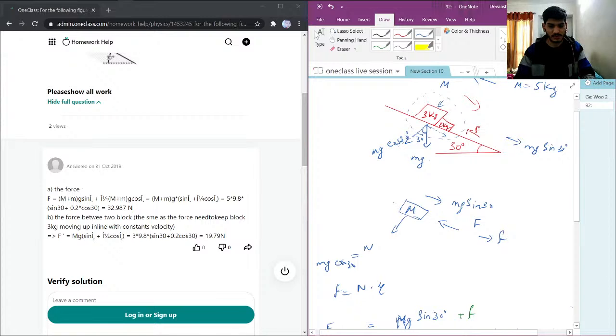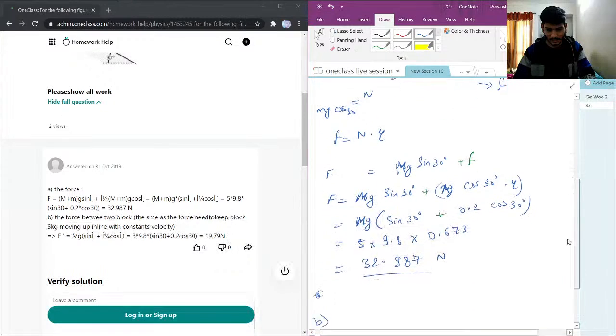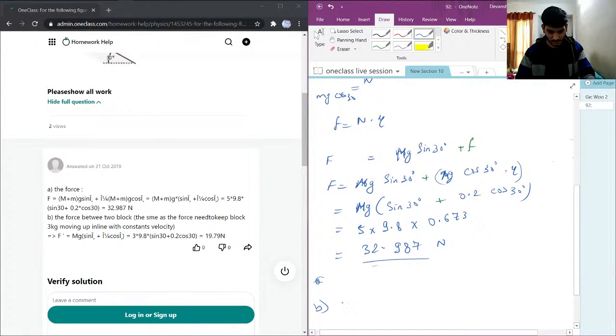So we just need to find the F for this 3 kg block, and we are going to use the same equation. In this equation, instead of putting capital M as 5, we will put capital M as 3. The sign and these terms will be the same, F will be the same. So sine 30 and cosine 30 will be the same. So till here it will be the same. So instead of 5 we'll be putting 3.